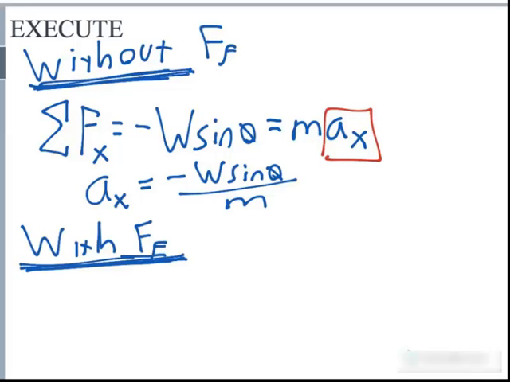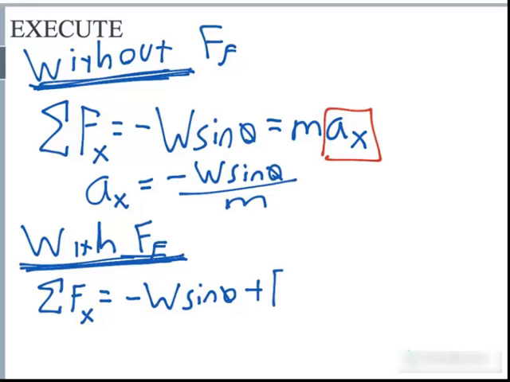Now let's look at it with friction. Again, we're going to do the similar procedure that we just did. So the summation of the forces in the x direction equals, again, we have a negative w sine theta pulling us down, so that's why we're sliding down the ramp. But this time we also have friction. So we have a positive force of friction that's slowing us down.